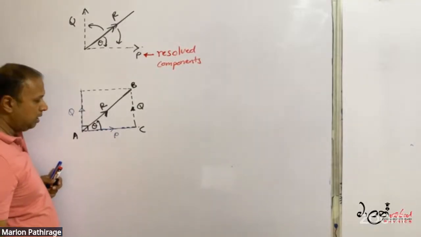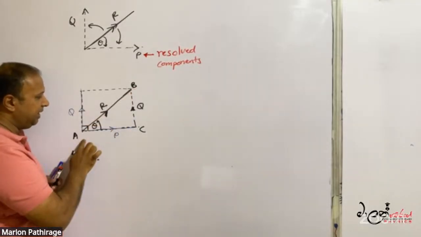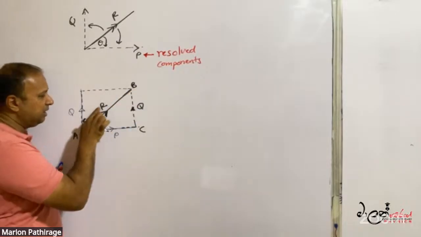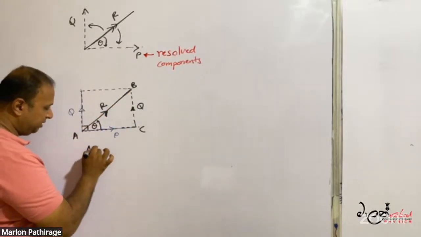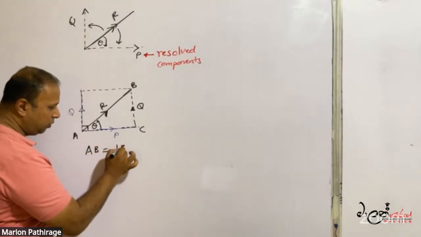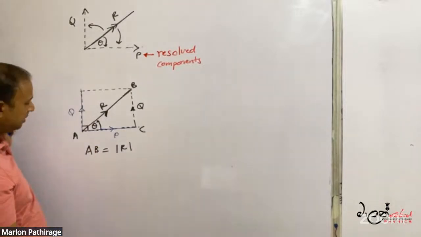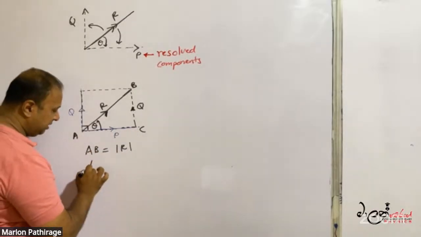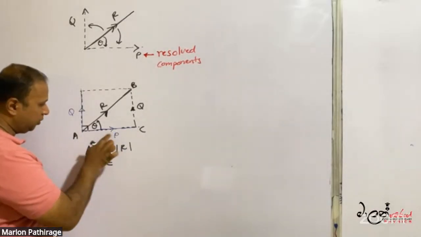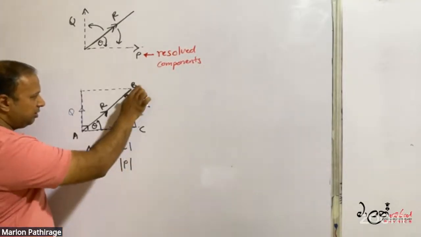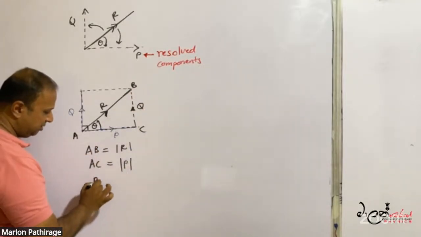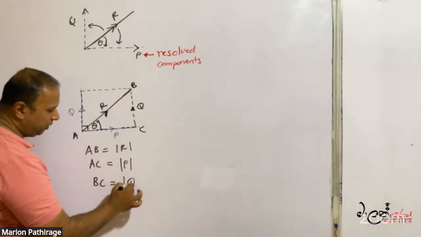AB length is equal to the magnitude of the resultant vector R. AC length is equal to the magnitude of the P vector. BC length is equal to the magnitude of the Q vector.